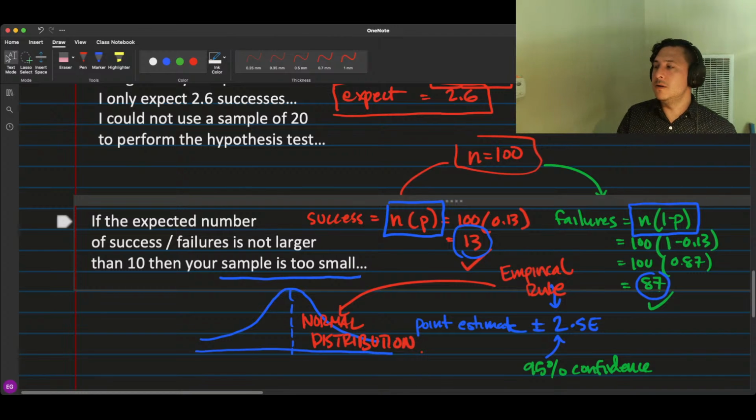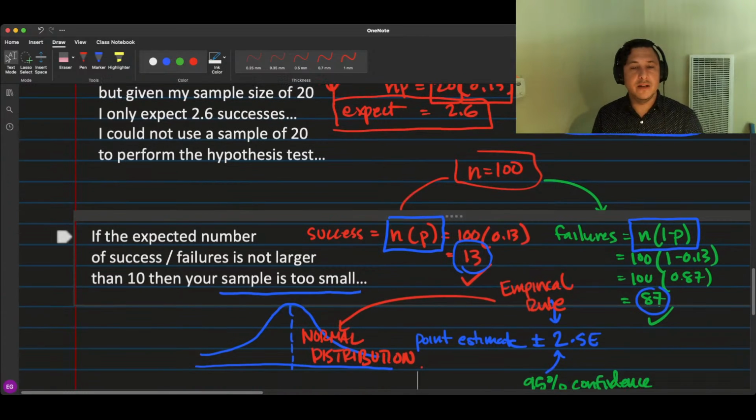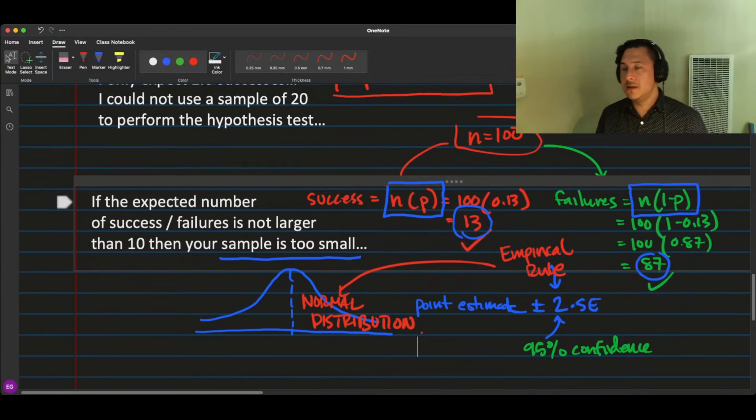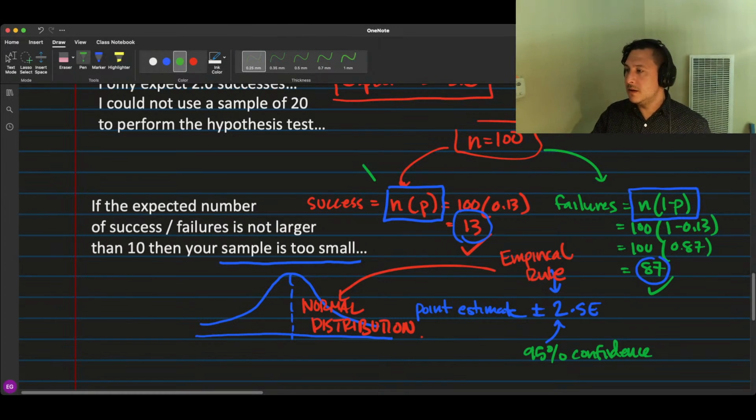Okay, but I want to know also, does it make sense how I calculated how many successes and failures I was expecting? You have the n times p and n times 1 minus p formulas right here. I guess I should write down, where does the p come from?